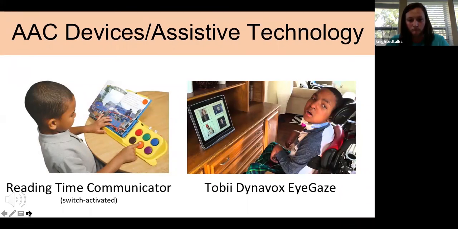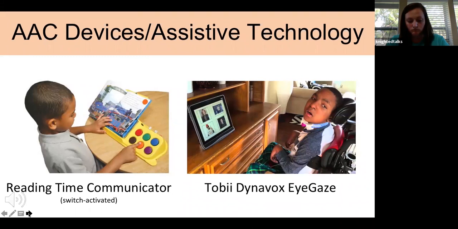And on the right, you'll see there's some pictures on the tablet there, and that's a Tobii Dynavox is the name of that tablet, and the eye gaze is this extra piece, and it's on the bottom there, and when the child or the individual looks at the eye gaze and at the screen, it will recognize where the child is looking and read it aloud or say the item so that he can make a choice independently.